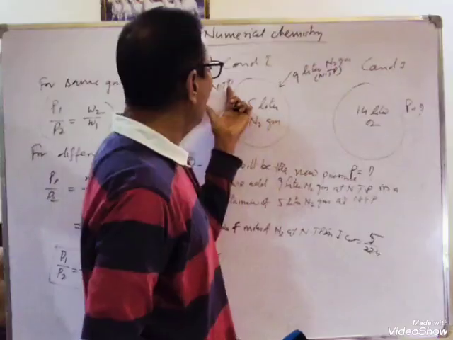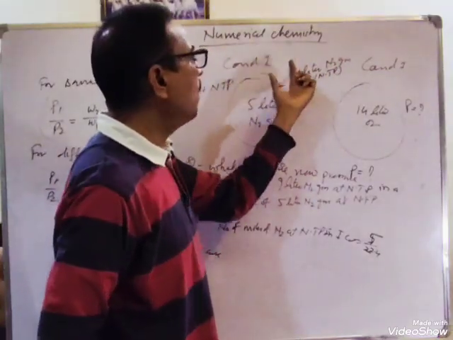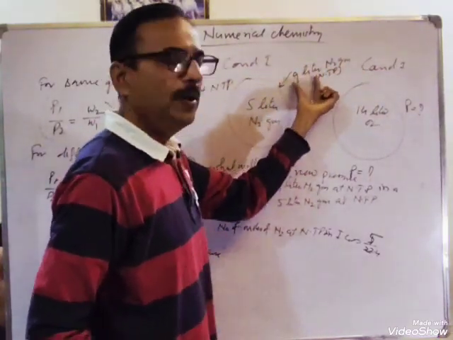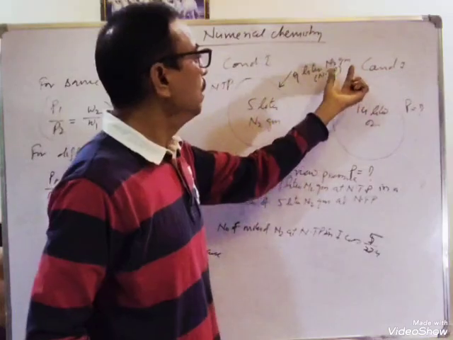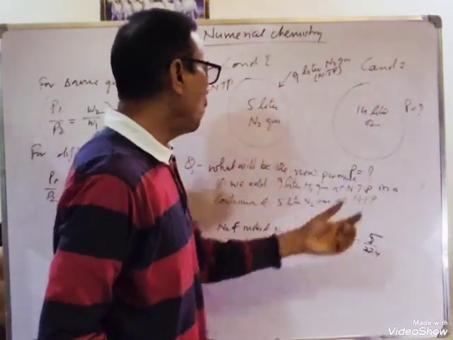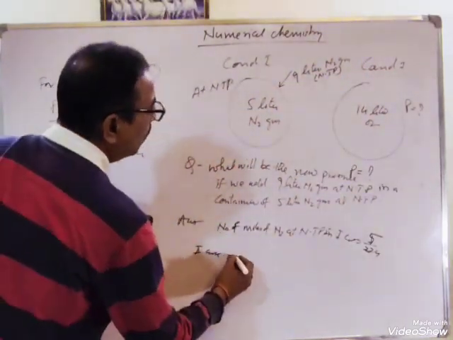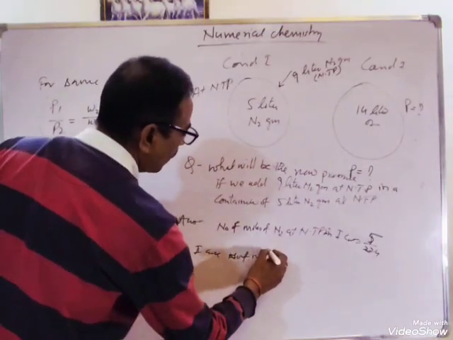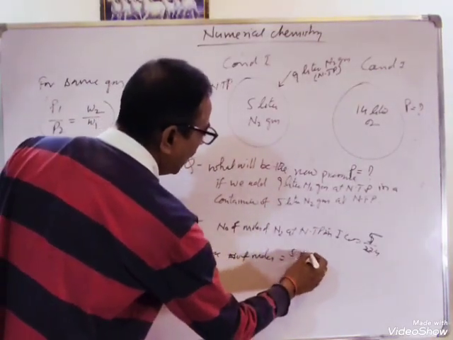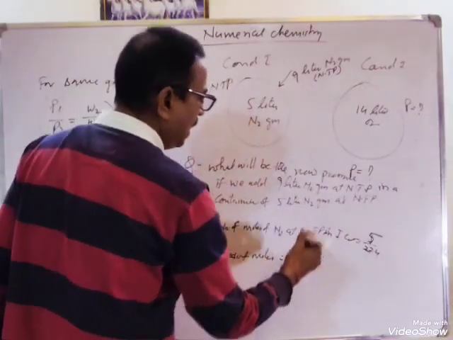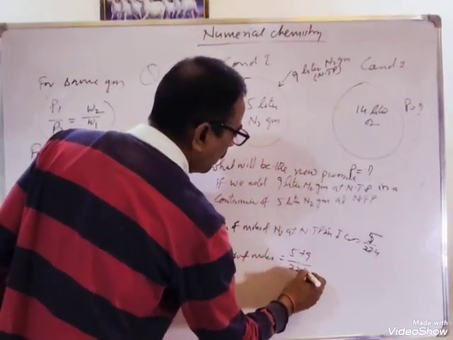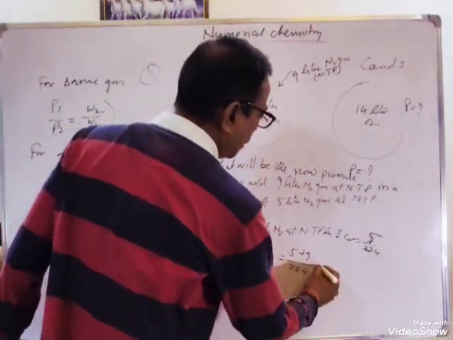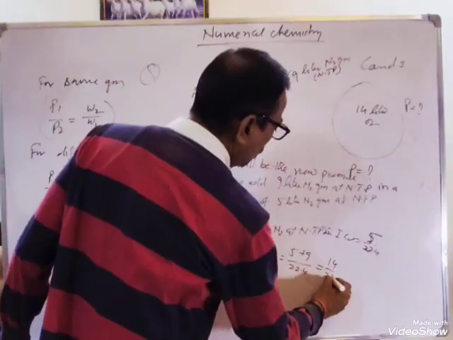In the second case, you add 9 liter to the 5 liter of nitrogen gas. So the new volume is 14 liter. So the number of moles is 5 plus 9 divided by 22.4, so it is 14 by 22.4.